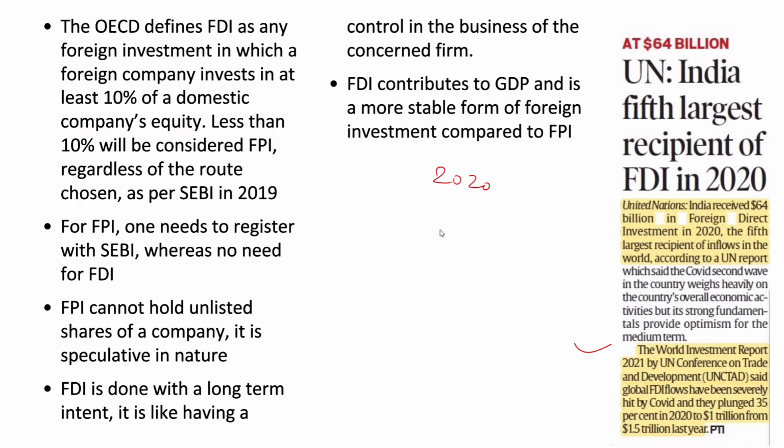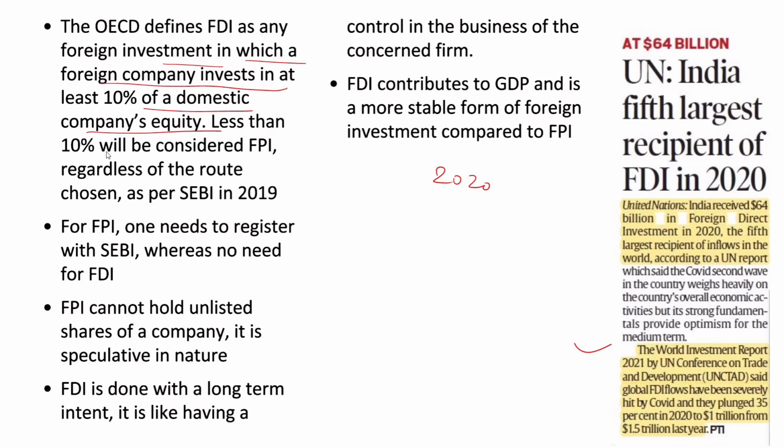Another observation mentioned in the article is that world FDI has plunged 35% in 2020 as compared to the previous year. Let us take this opportunity to look at what FDI is. As per the OECD, or the Organization for Economic Cooperation and Development, FDI is any foreign investment in which a foreign company invests in at least 10% of a domestic company's equity.